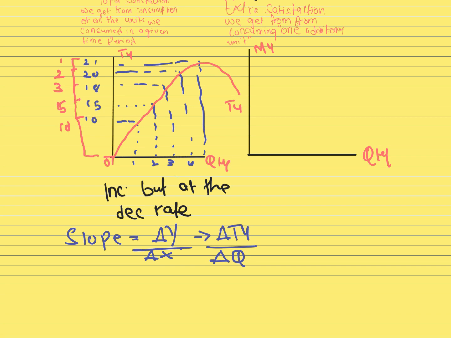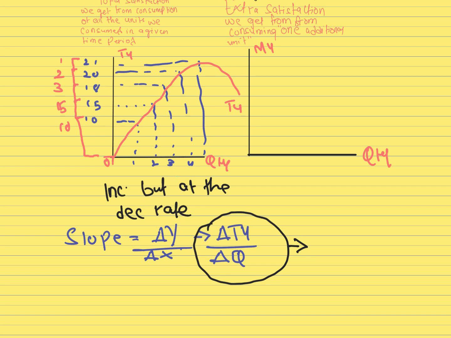In other words, the slope of the total utility curve is telling us about the extra satisfaction that we get from the consumption of every additional unit that we consume.